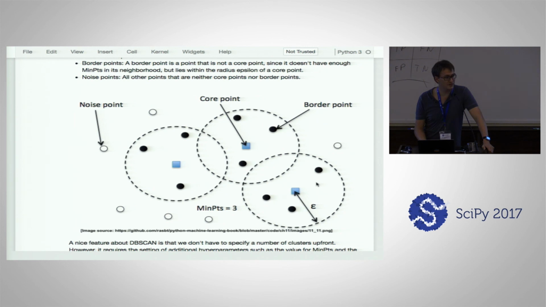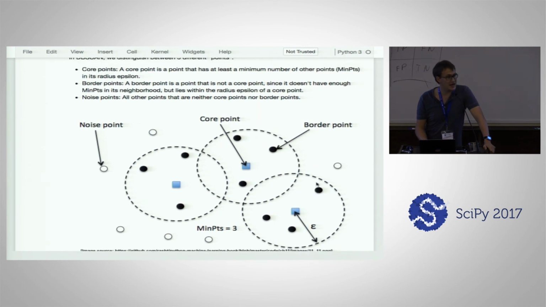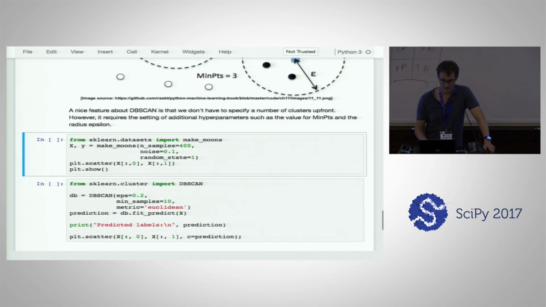So the idea of DBSCAN is the following. You need to provide as input a radius or bandwidth or a distance parameter. And you're going to say a point which is surrounded by X number of points, which we're going to be calling the min points, which are here.